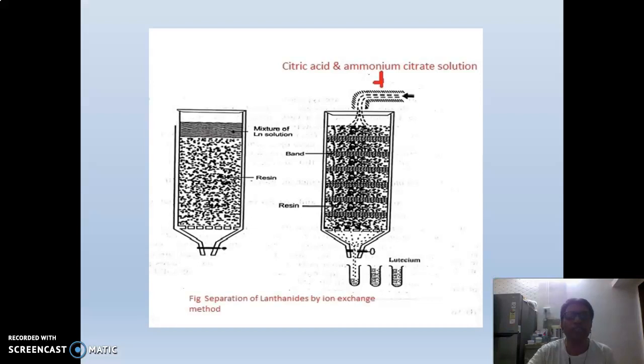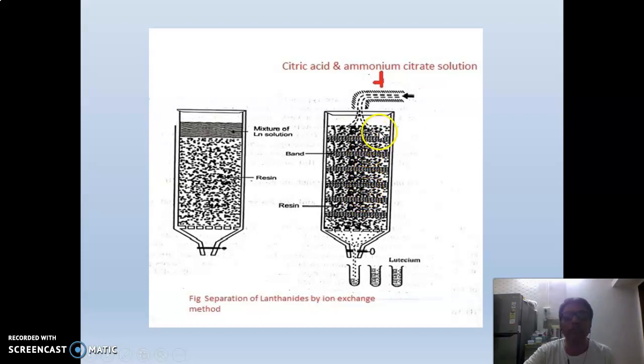So lanthanon ions get exchanged with the resin column one by one. The lanthanum 3+ ion, which has the smallest hydrated radius, is at the top of the column. Lutetium tripositive ion, which has the largest hydrated radius, is at the bottom of the column. In this way the individual separation of the lanthanon ions takes place.